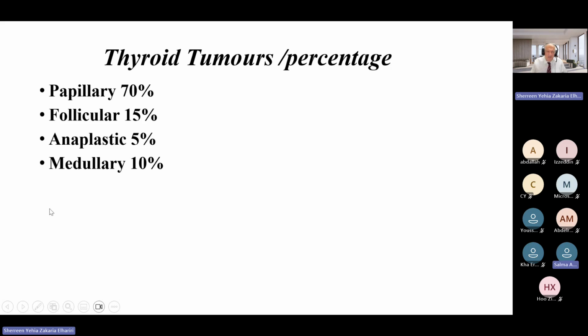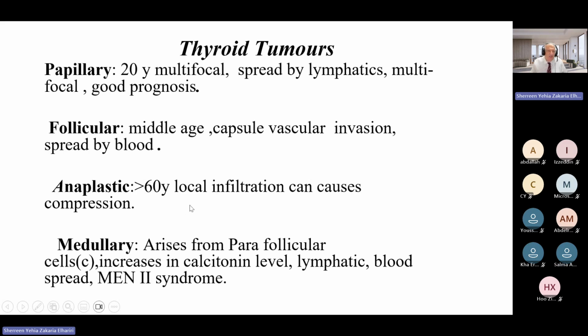We don't consider lymphoma a proper thyroid tumor because it occurs after Hashimoto. Papillary is also multifocal, so this is why only in papillary we need total thyroidectomy. In others, maybe just hemithyroidectomy, which means removing the right or left lobe with the isthmus as a safety margin, followed by radioactive iodine.